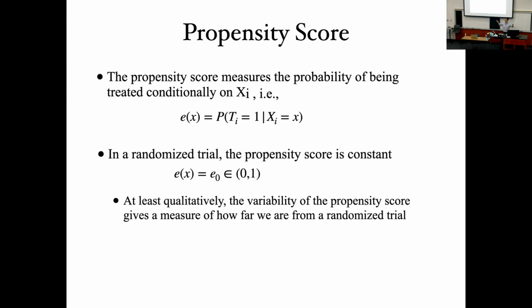If you fix the value of X, this is nothing but a function of X. For instance, the function may look like this. This is X, then this would be the e of X, right?